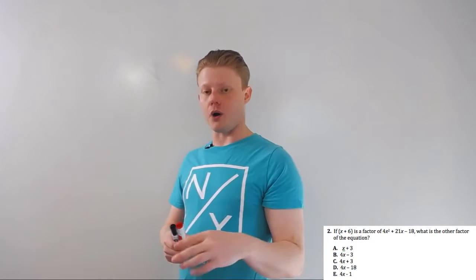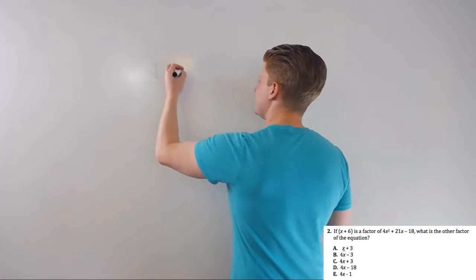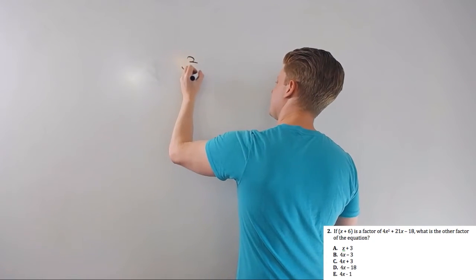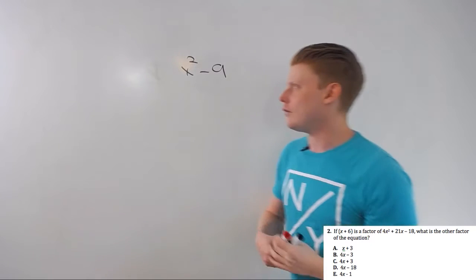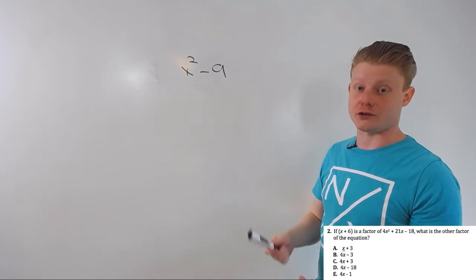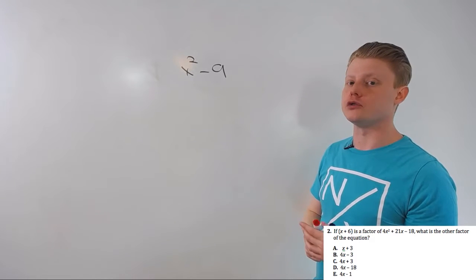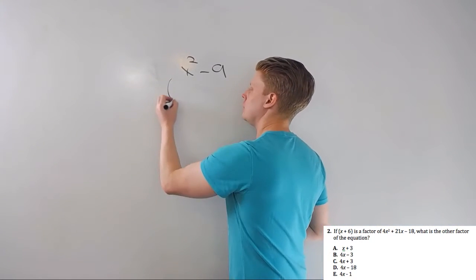Before we get into this problem at the bottom, I want to talk about difference of squares. This is the most forgotten concept in factoring, and it shows up on the ACT a fair amount. Whenever I have perfect square minus perfect square, that's factorable. There's no middle term. That means that the middle term cancels. How does it factor?